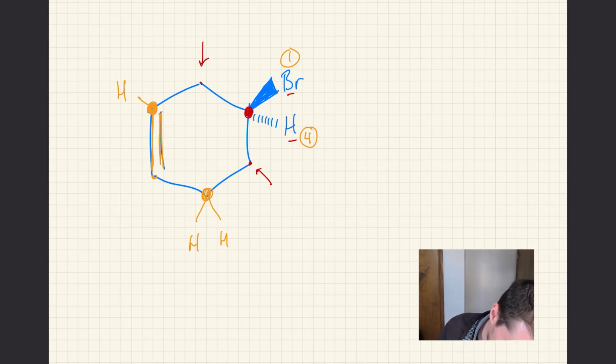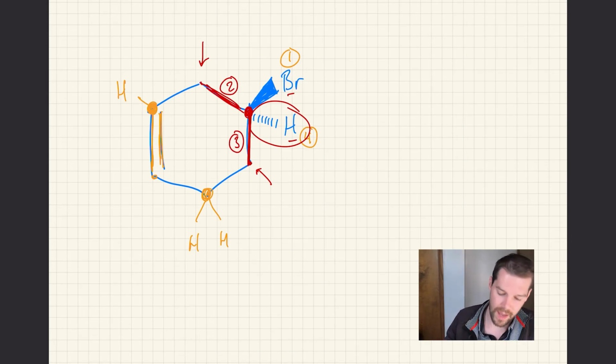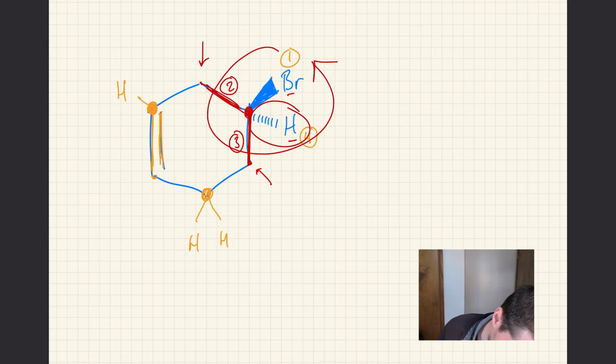So this one is going to take priority over this arm right here. So this arm is more important than this arm. All right, and in this case, we already have H, our 4th substituent, going to the back. So all I have to do is draw my counterclockwise arrow here, and that puts us at S.